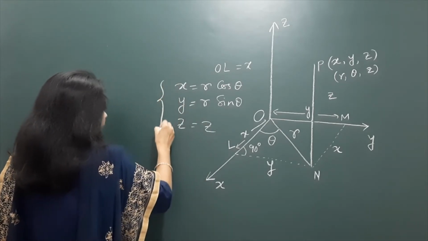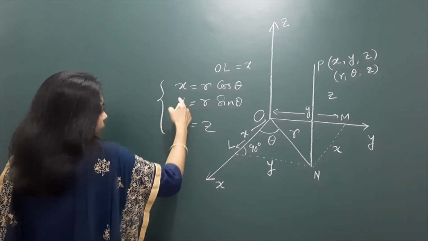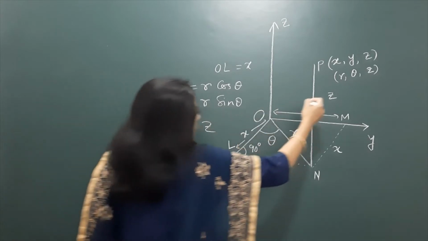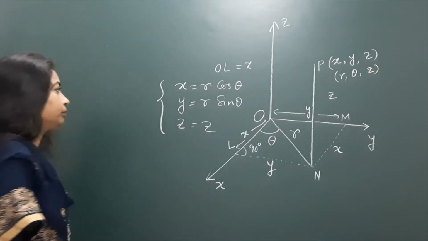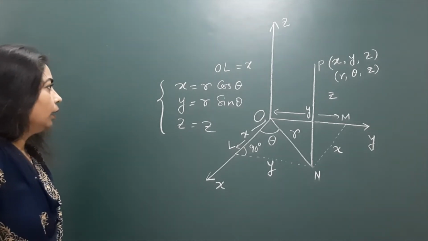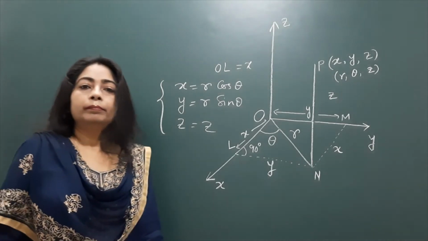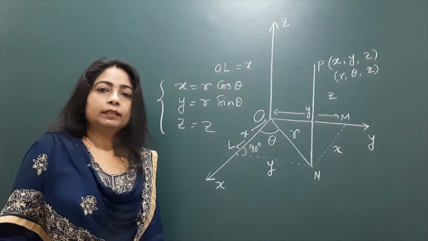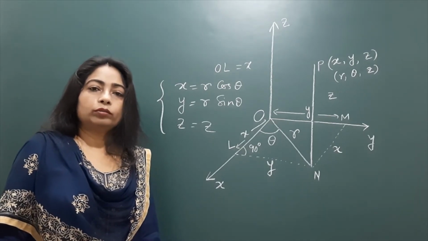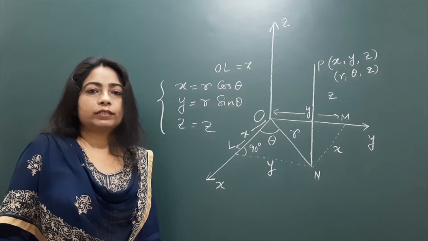So these are the relations between Cartesian coordinate system and cylindrical coordinate system. Cylindrical coordinate system is one of the orthogonal curvilinear coordinate systems.